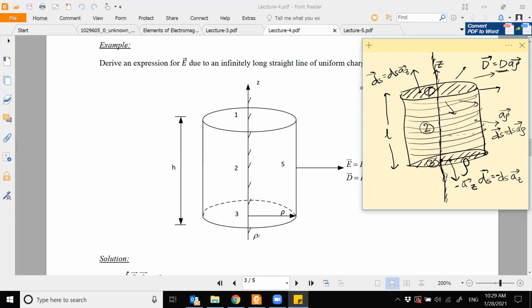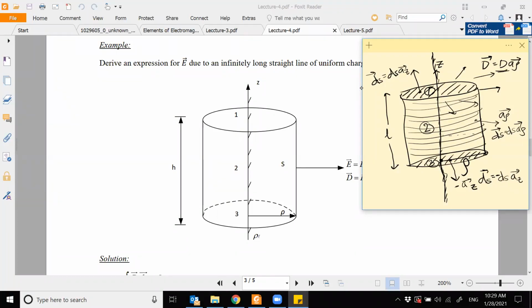So D bar dot dS bar is a rho dot a z, which is 0. So the contribution of this top surface is 0.